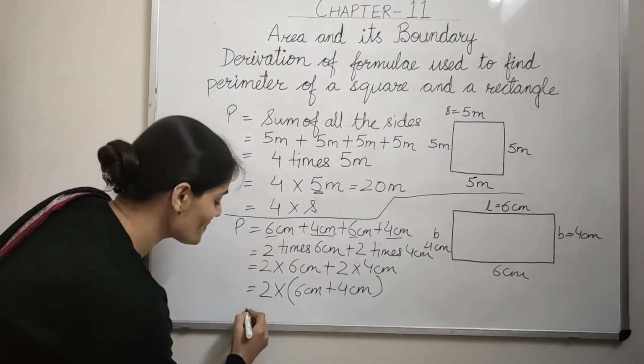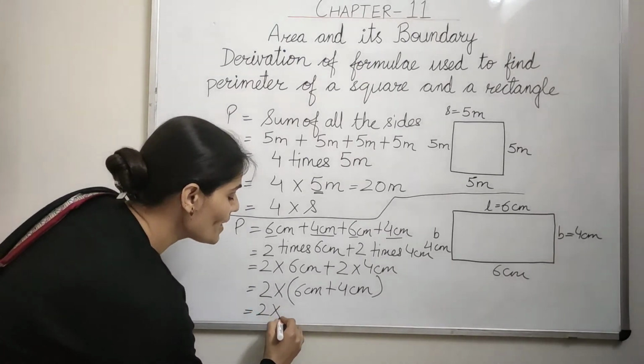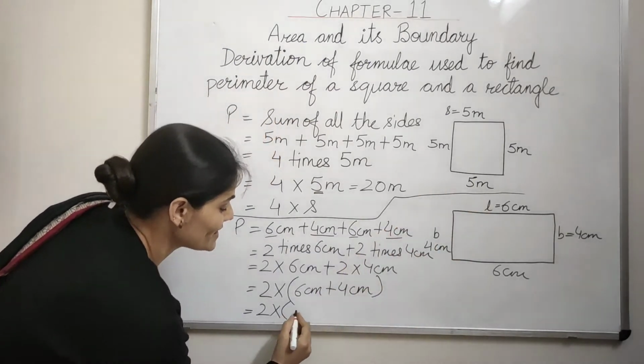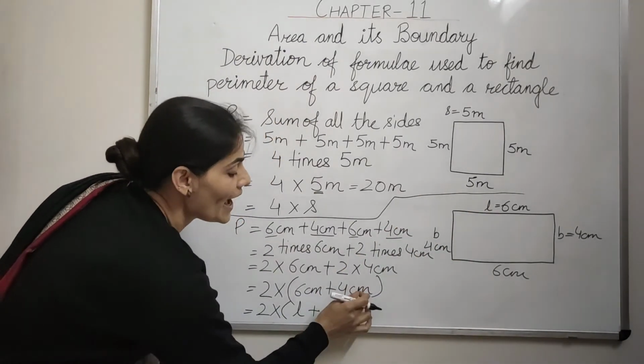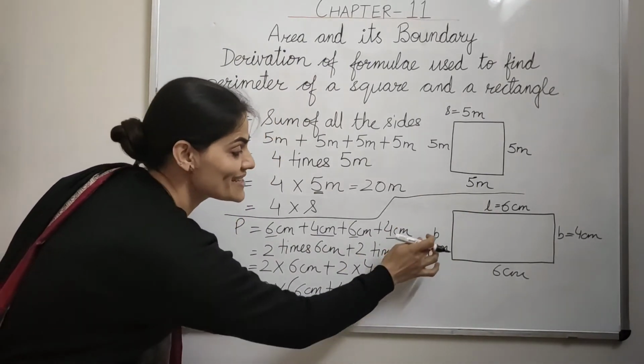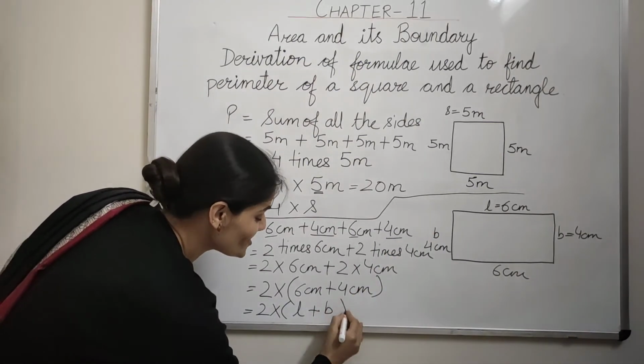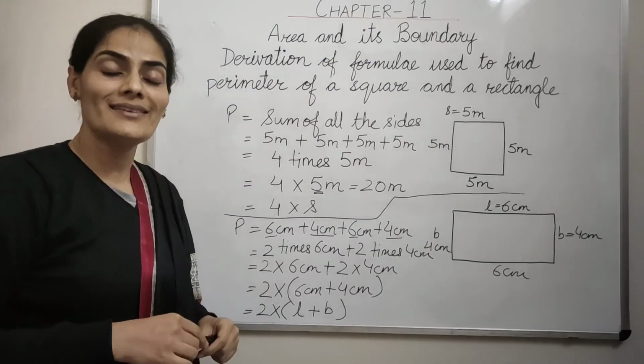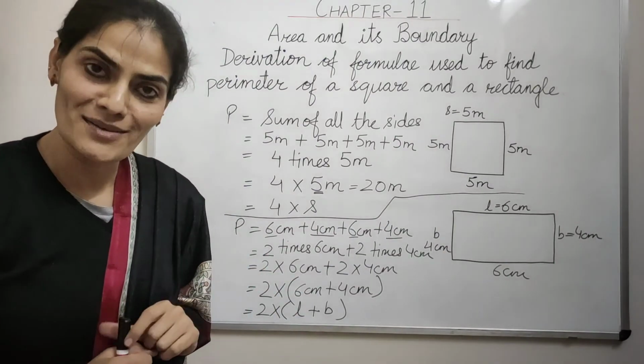And what is this, my dear children? 2 multiplied by sum of 6 centimeter is what? It is the length. And 4 centimeter is what? It is the breadth. So can I write 2 times sum of length plus breadth would give us the perimeter.